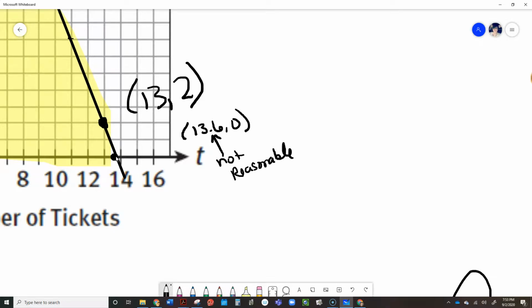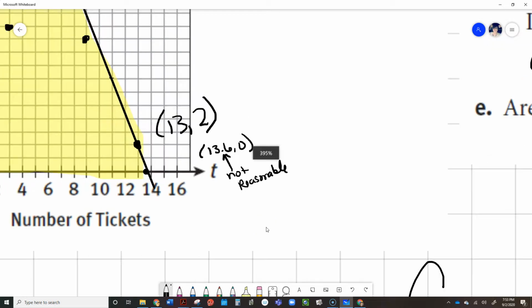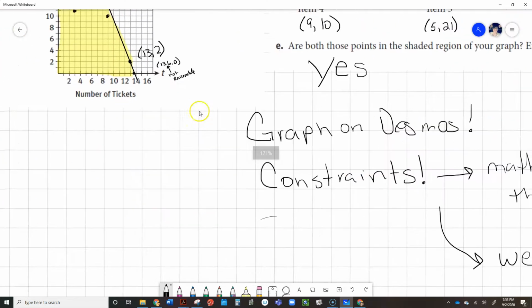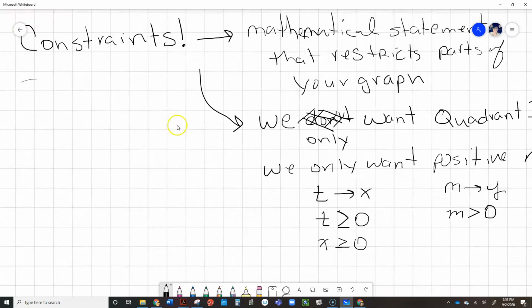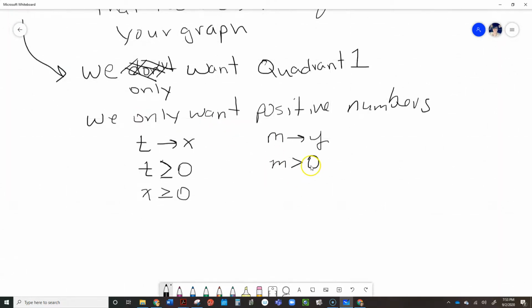So it's saying don't include the x-intercept, which has a 0 y value, because it's not reasonable. So they're saying go up to 0, but don't include 0. They didn't put the bar underneath this one. So we know that m is on the y-axis, so we'd say y is greater than 0.